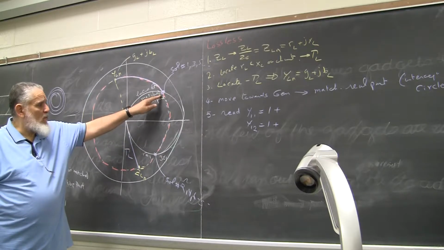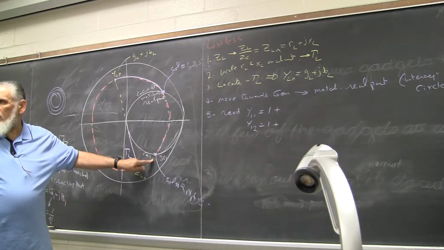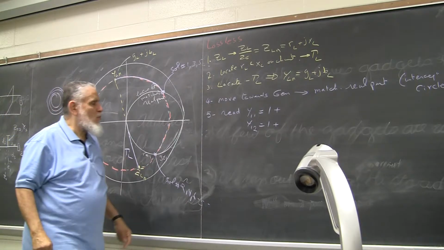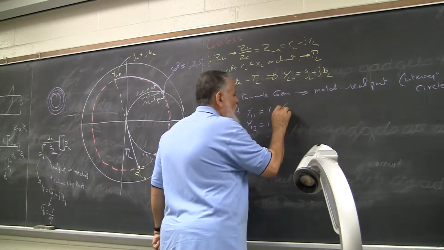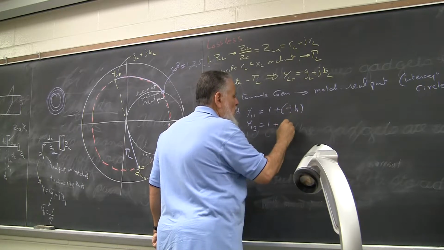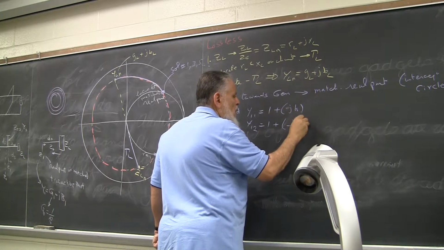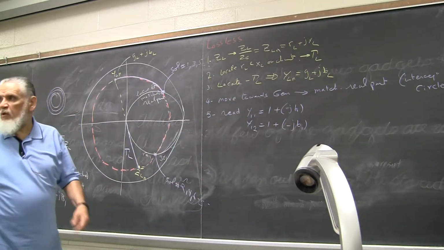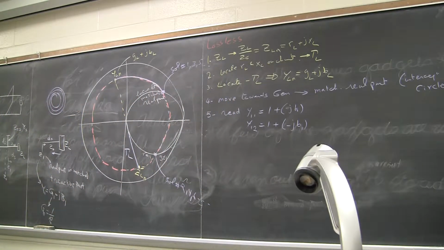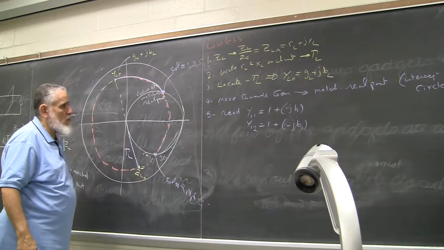One of them will be plus JB, the other one will be logically minus JB, right? One of them will be the opposite of the other because of the symmetry. So Y1 solution 1 is there, Y1 solution 2 is there. The way we have it, the upper one is a negative solution, and the lower one is a positive solution.